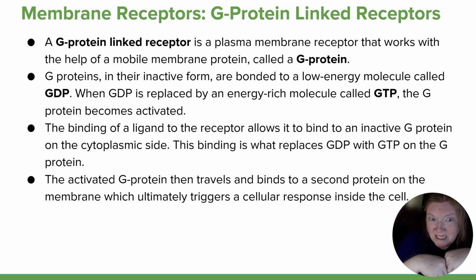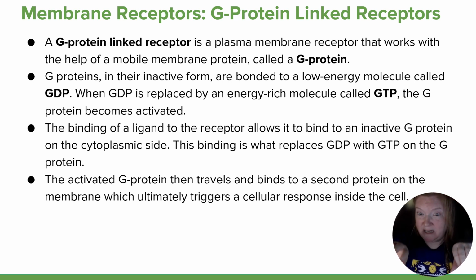Now the G protein is active, and the active G protein goes and finds a different protein on the membrane that then ultimately begins the cellular response. So you have a ligand binding to a receptor. The receptor changes shape. That changing of the shape allows it to bind to an inactive G protein. That binding replaces the GDP with GTP. Now the G protein is active and it goes to a different protein, activates it, which then eventually causes a cellular response.